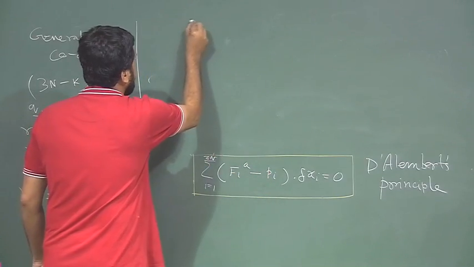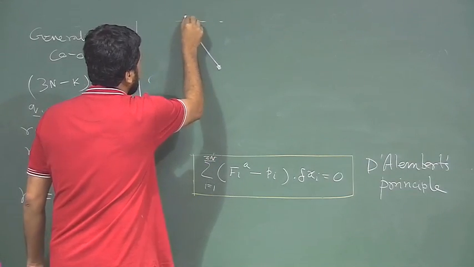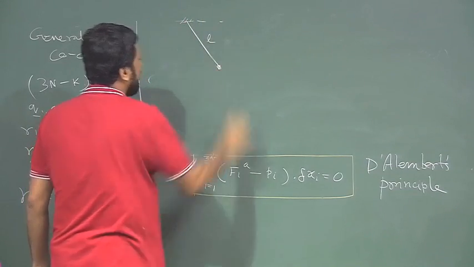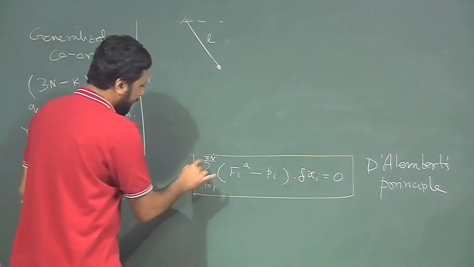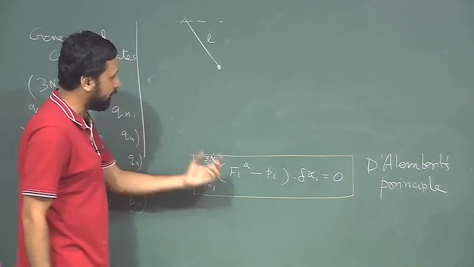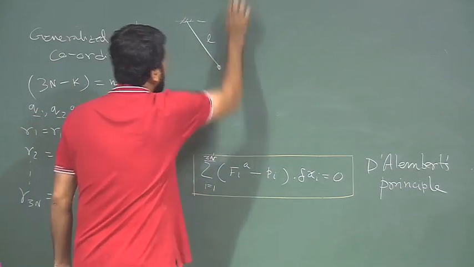So, let us assume we have a simple pendulum, again a simple example, hanging with a length L. Now, can I write the simple pendulum equation in D'Alembert's notation? It turns out that we can, of course.